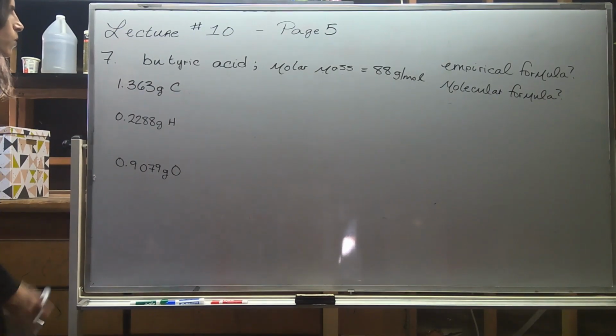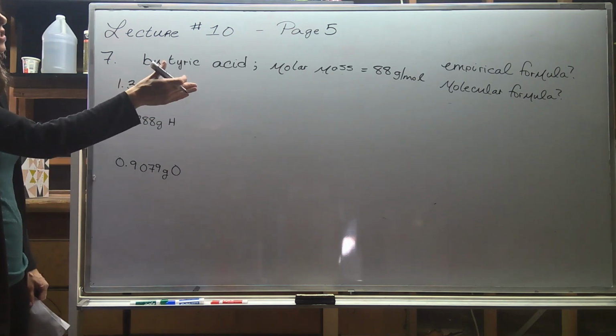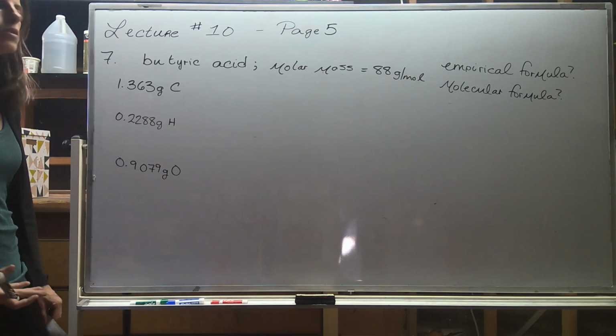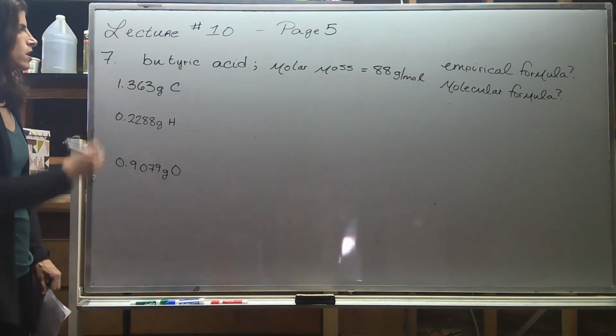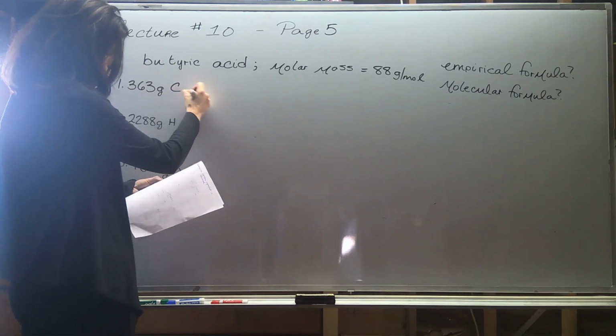Alrighty, so in this problem, we're given a molar mass, and we're asked to solve for both the empirical formula and the molecular formula of butyric acid. So I'm going to start with all my grams and convert them all to moles.